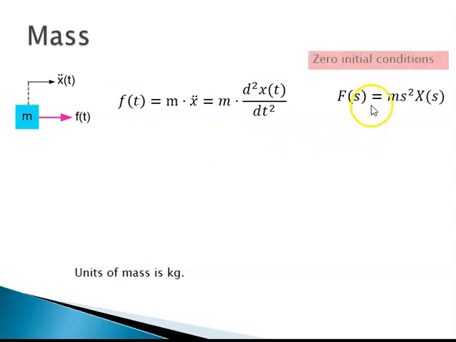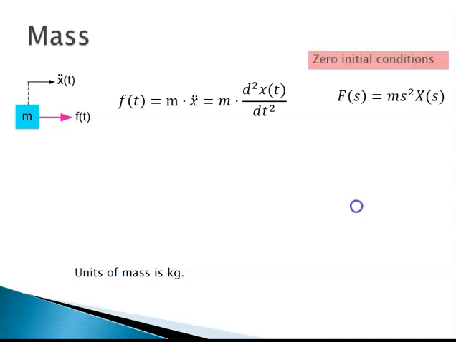When you take Laplace transform with zero initial conditions, each derivative corresponds to a multiplication with s, and thus two derivatives correspond to multiplication by s square. Here the unit of mass is kilogram, force is newtons, and d square x by dt square has meters per second square.